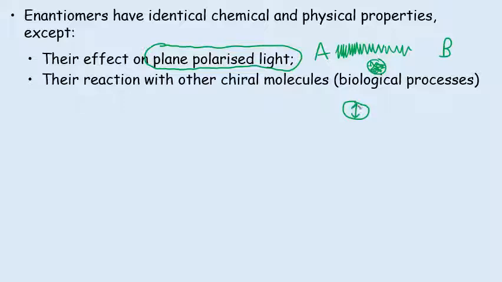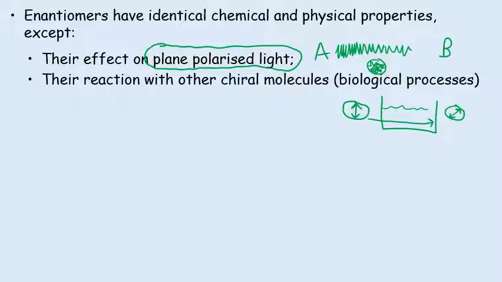Now, if you pass this plane polarized light through a solution containing one enantiomer, then the plane polarized light is actually rotated and it comes out with the displacement being slightly different to how it went in.